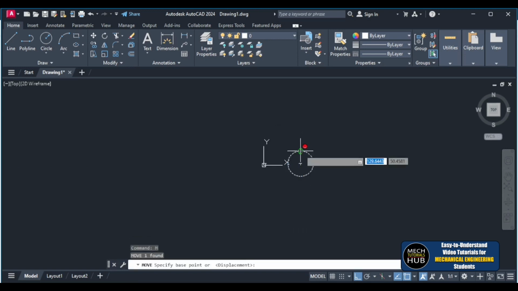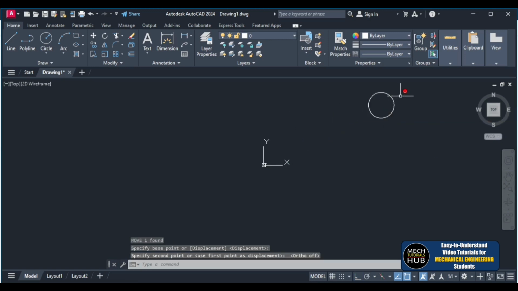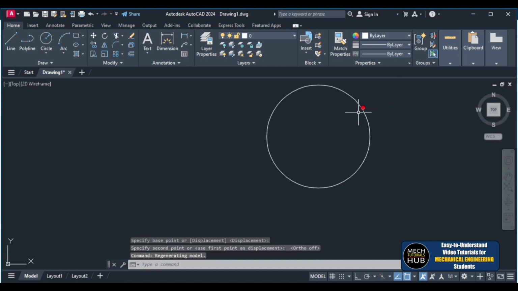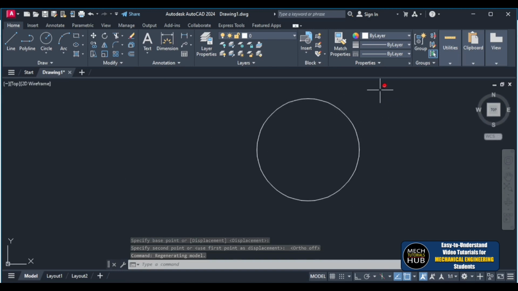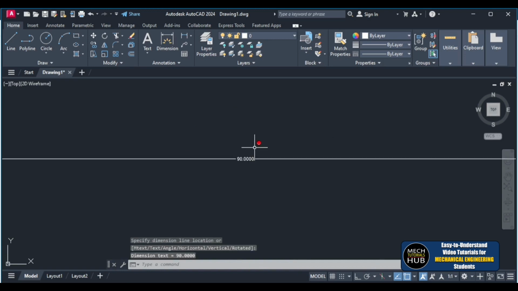M enter, move. F8 to turn off the ortho. Let me check the dimensions again by using a dimension tool. 90 overall. Yes, correct.